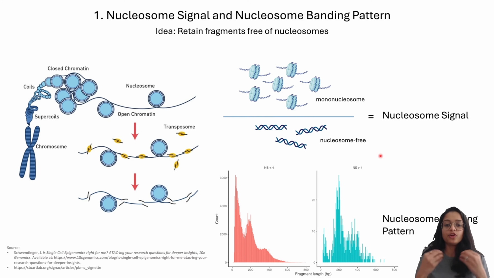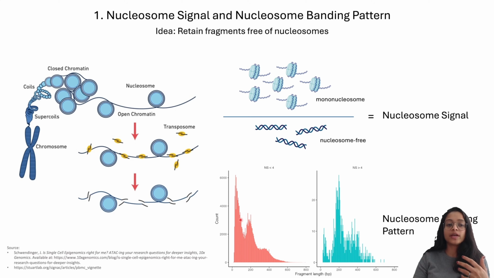A successful ATAC-seq experiment should generate a fragment size distribution with decreasing and periodical peaks, corresponding to nucleosome free regions followed by the mononucleosome, dinucleosome and trinucleosome regions. So intuitively, if our cell has a high number of nucleosome free fragments, the nucleosome free fragments would be of a smaller length.